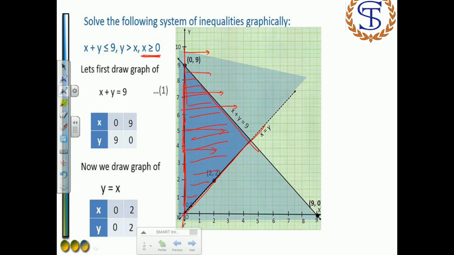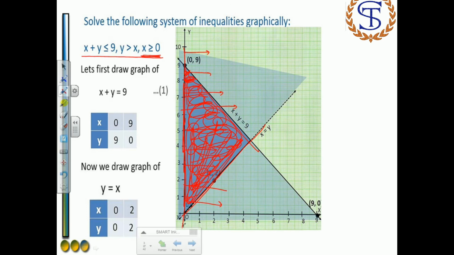It means only this one is the particular area which is common to these three inequalities. So this is the solution region.